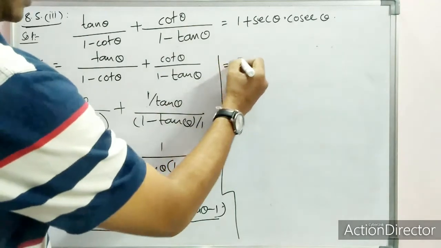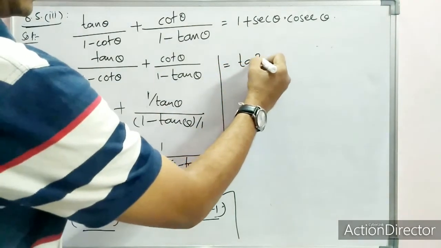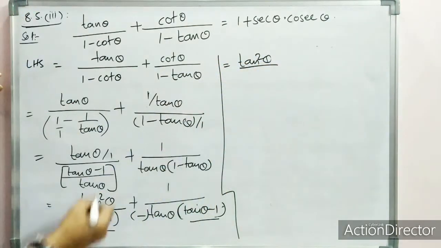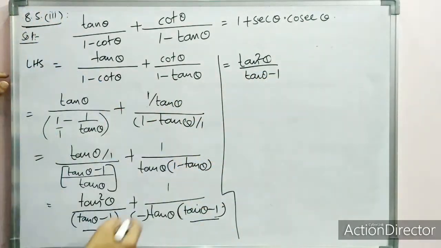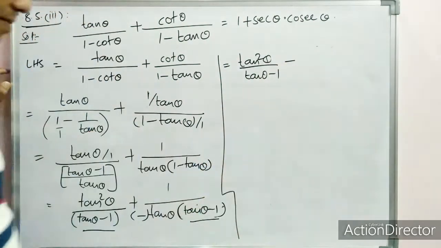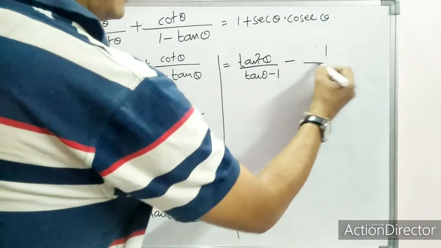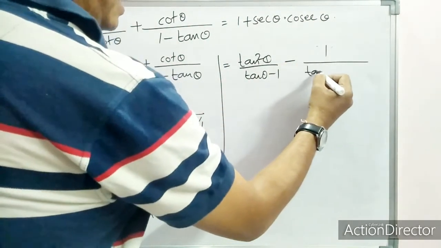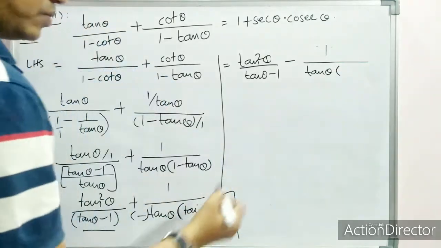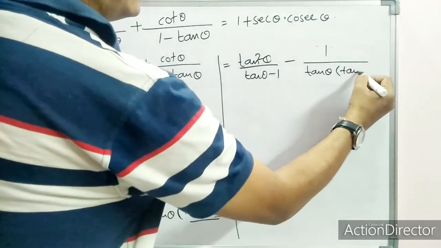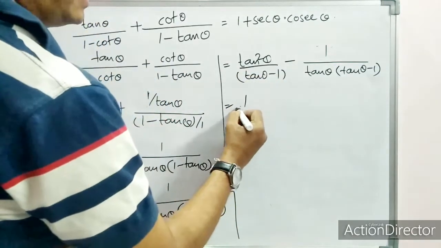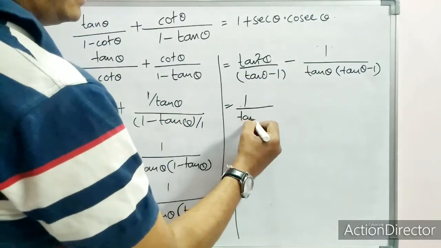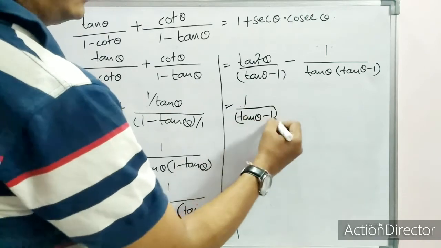Now you see tan square theta by this value is tan theta minus 1, and plus into minus is minus 1, by tan theta into tan theta minus 1. Now here in the total I can take tan theta minus 1 as common.